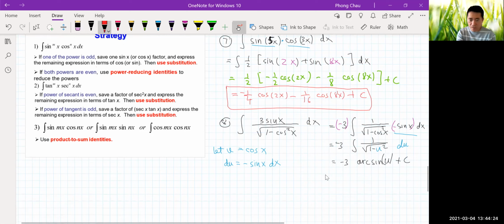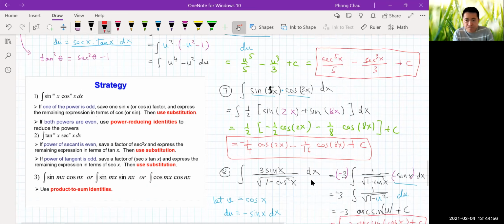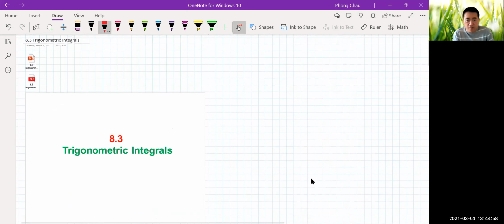But by substituting back, this integral becomes -3 arc sine of cosine x plus c. Okay. All right, so I guess that finishes number 8, which is the 8.3 trig integrals.